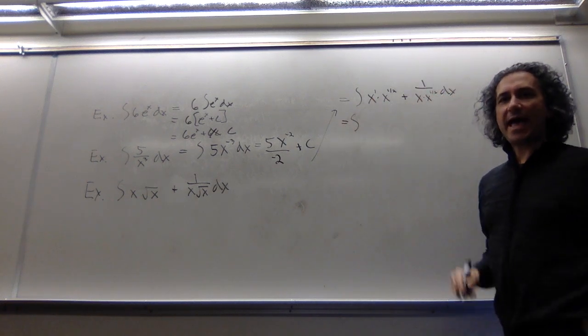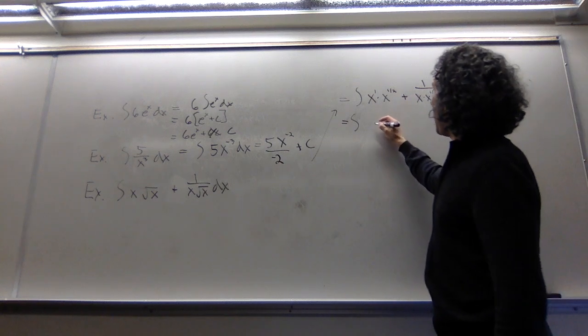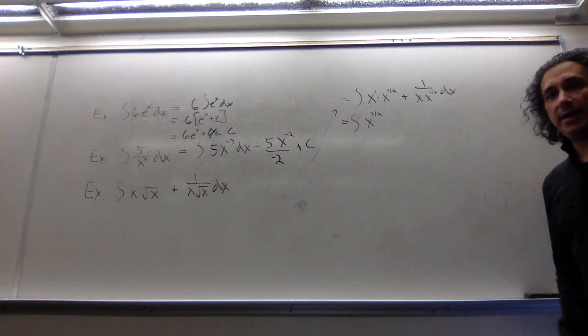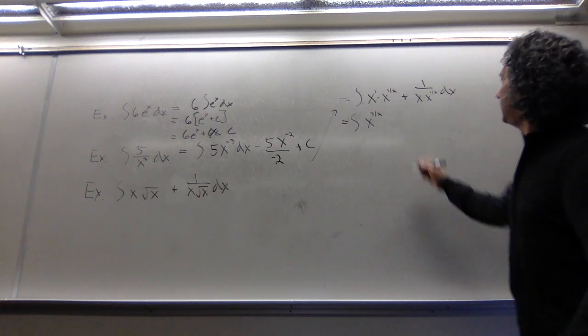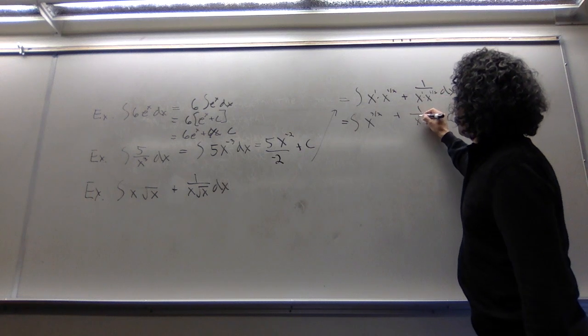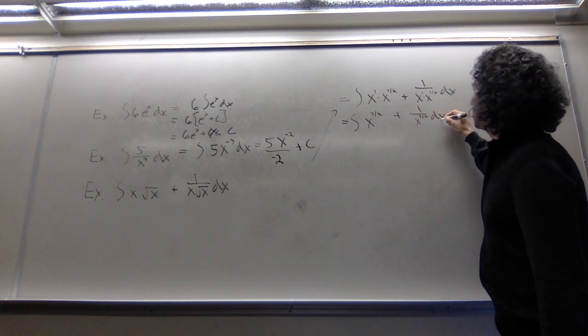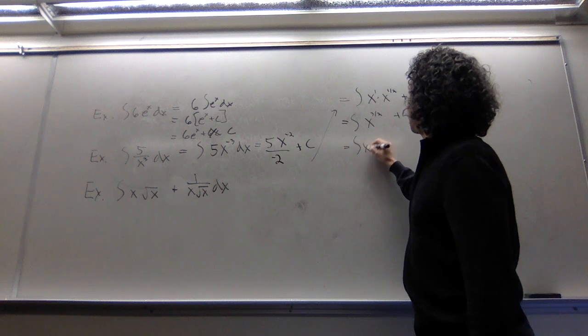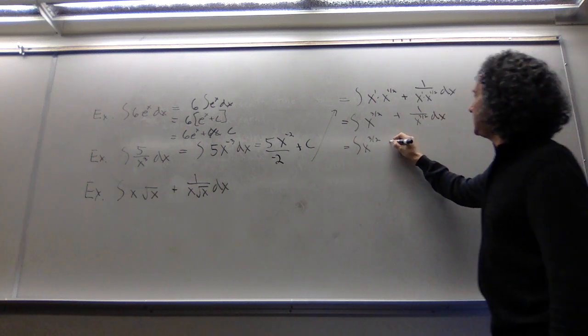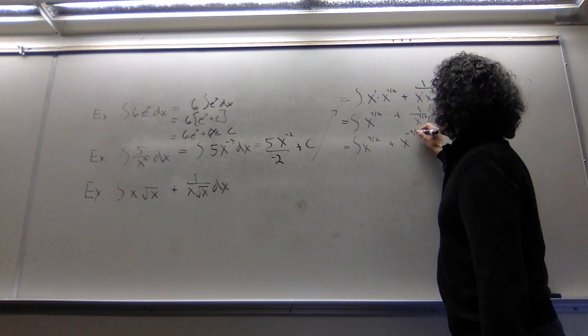Well, over here we could just add the exponents. 1 plus 1/2 is 3/2, so it's x to the 3/2. Right? That was one of the exponent properties. So same thing here. This is 1 over x to the 3/2. Again, we don't have a quotient rule, but this is the same thing as x to the minus 3/2.